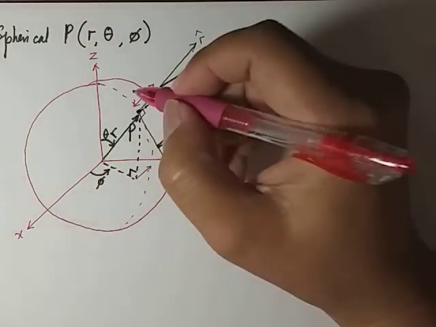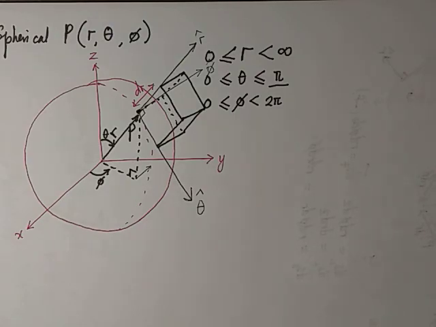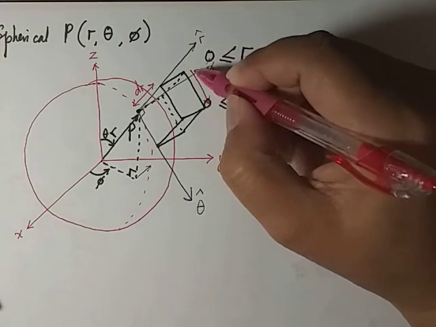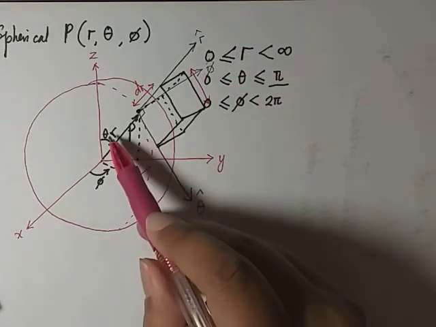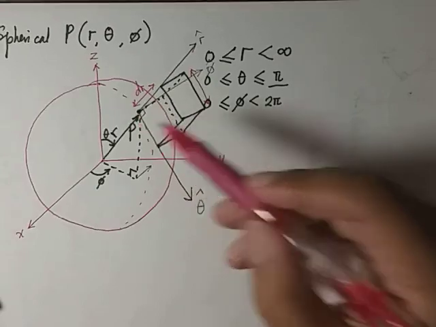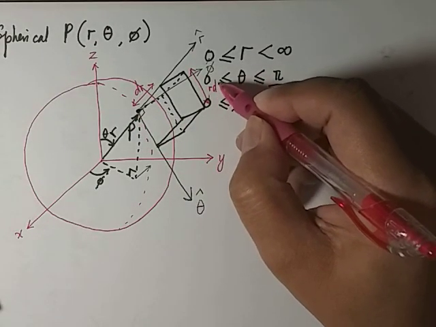Therefore, the length should be dr. Agreed? Okay. Whereas this side now, as we can see, depends on the theta. And we can see the radius here is r, therefore the length should be r d theta.